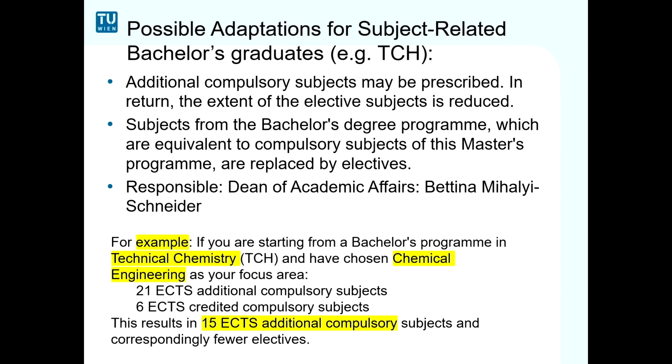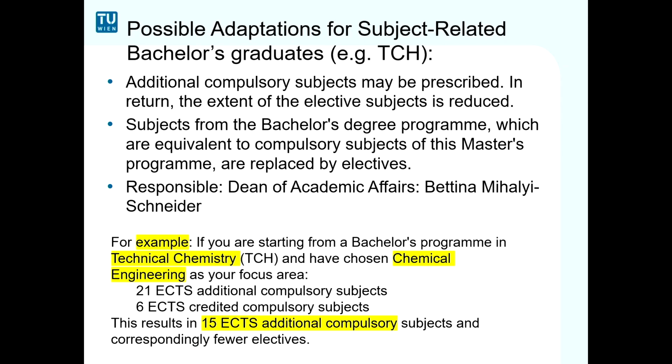For these adaptations, our Dean of Academic Affairs, Mrs. Bettina Micheli-Schneider, is responsible. For example, for starting with the bachelor's program in technical chemistry, I think here about this program of TU Wien, usually 21 ECTS additional compulsory subjects are prescribed.